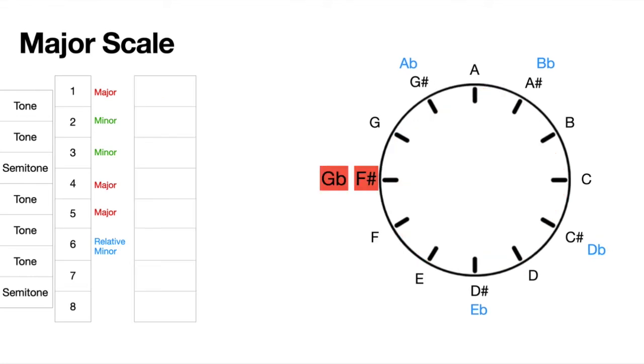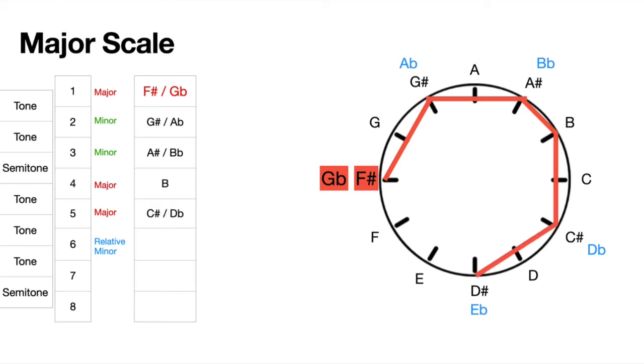Now if we start at F sharp or G flat, this one's going to be slightly odd. Tone, tone, semitone gives us G sharp or A flat, A sharp or B flat, and then B. And tone, tone, tone, semitone gives us C sharp or D flat, D sharp or E flat, and F. And then we come back to where we started.